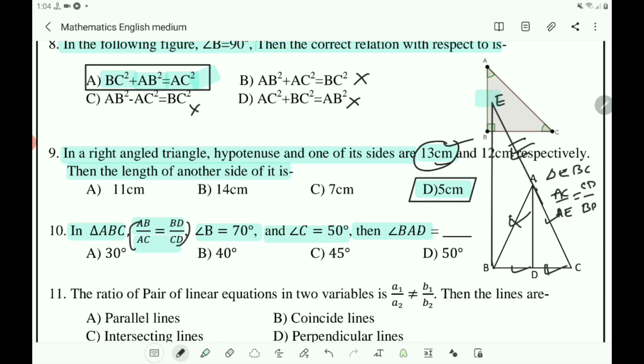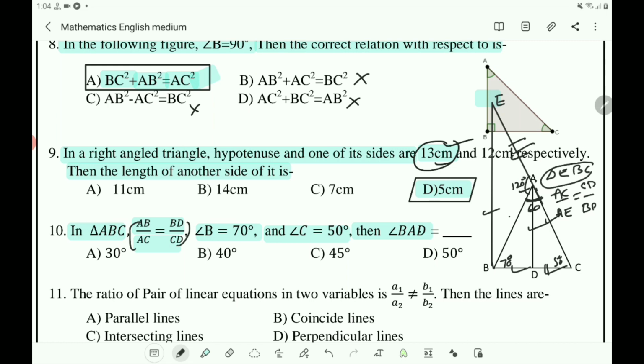According to converse of the Thales theorem, you can say that this AD is parallel to EB. If you consider triangle EBC, then here you got that this is 60 degree, because this is 70, this is 50, and this angle is equal to 120 degree. Here there is a linear pair, therefore 180 minus 60 is 120 degree.